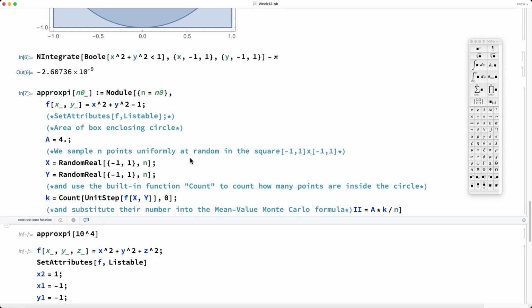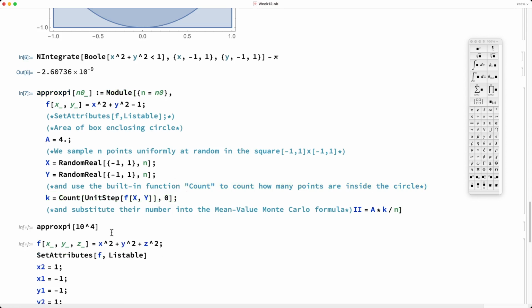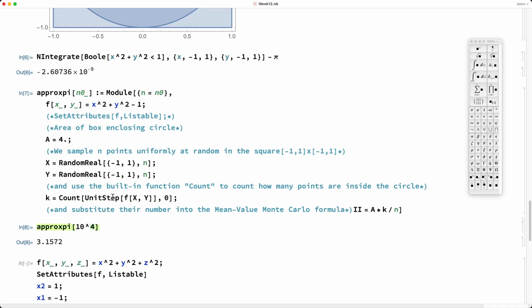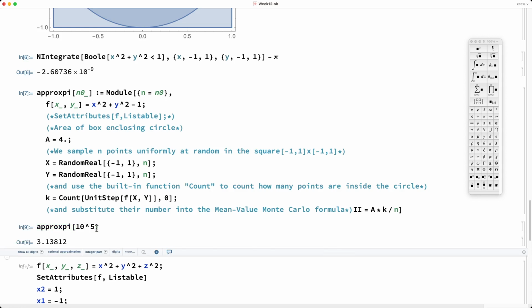So let's do that, and let's draw 10,000 samples, and I get this approximation for pi. Let's do 10 to the 5th. Sorry, this is 100,000 samples.